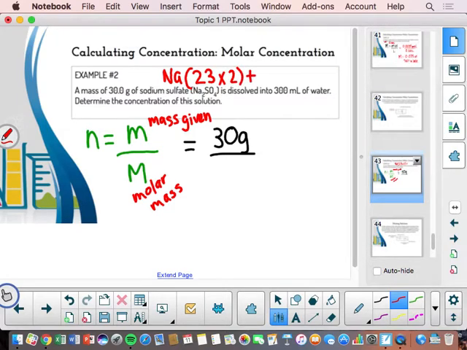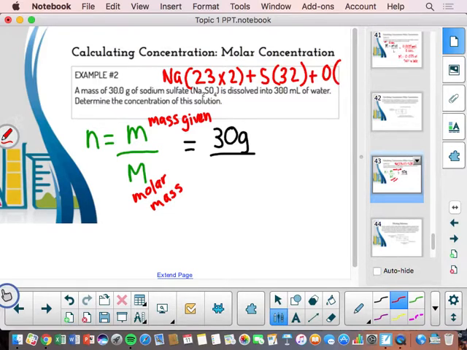plus, we need to do sulfur. There's only 1 sulfur there, there's no number below it. So we just look at what the periodic table says for sulfur. The periodic table says that it's around 32. I'm just going to keep whole numbers for easy sake. Plus the mass of oxygen, which we've got 4 of them.